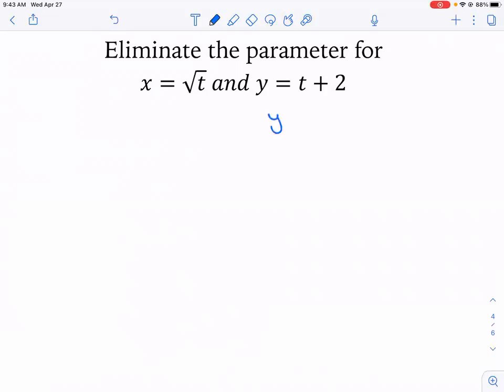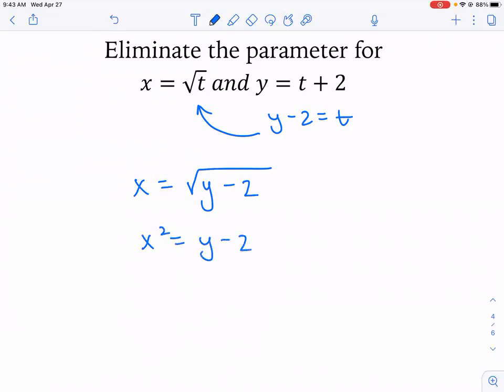Okay, so y minus 2 equals t. That's what you like to do. And then we can take that and throw it in here. So x equals the square root of y minus 2. Why? Because then we can write x squared equals y minus 2. Why is that bad?